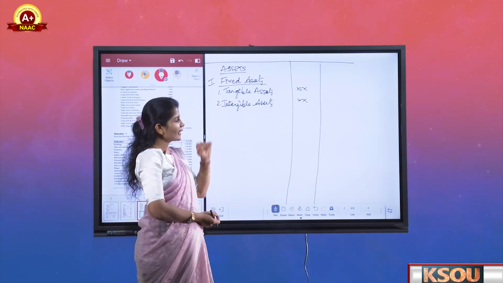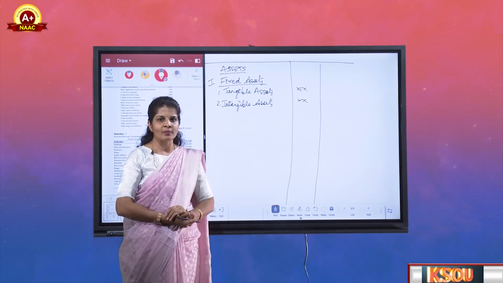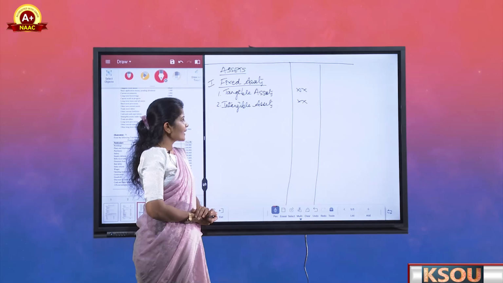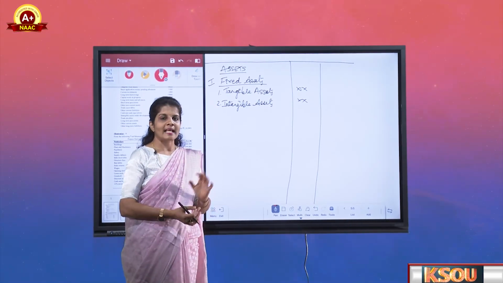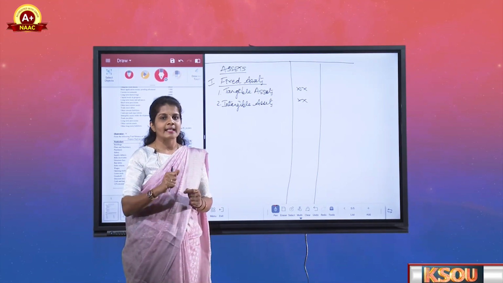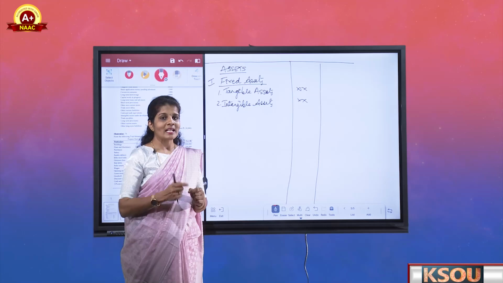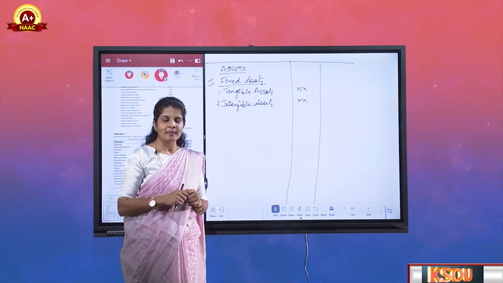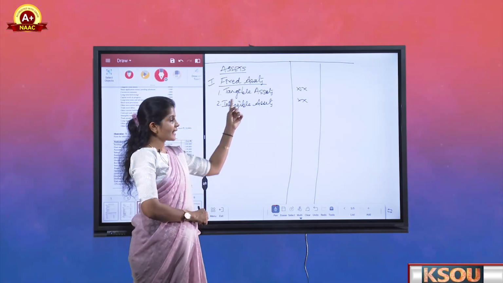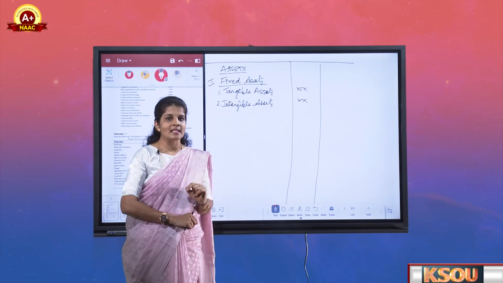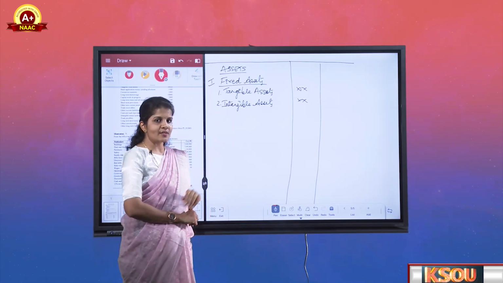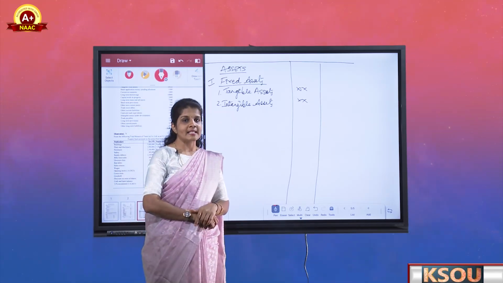Why do we divide this? For many reasons we write tangible and intangible assets separately. Tangible assets we can feel and touch, they can be seen, whereas intangible assets cannot be seen. On tangible assets we calculate depreciation, whereas on intangible assets we calculate amortization.